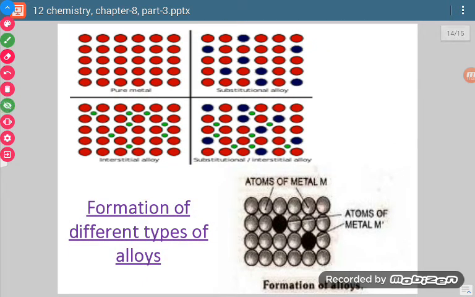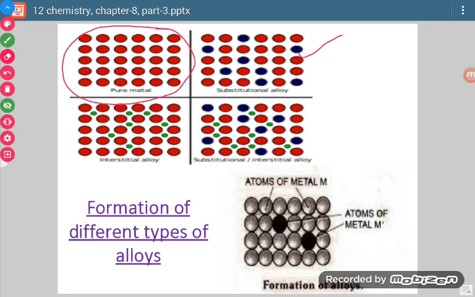Okay, now in this diagram you can see this is a pure metal, where we can see the presence of constituent particles of the metal in a proper way. Now when we add any other element to this, the atoms of that element replace some of the atoms from this crystal lattice, and they form like this, and this is substitution.